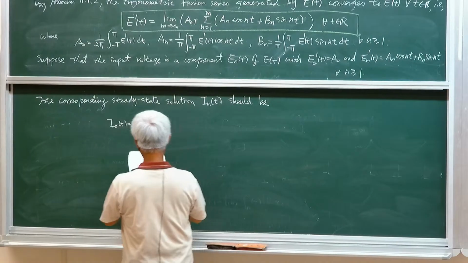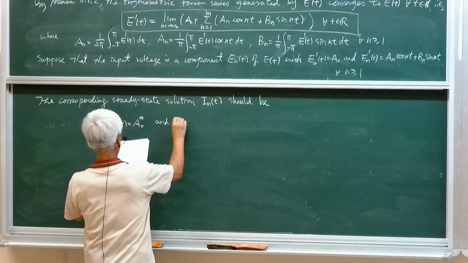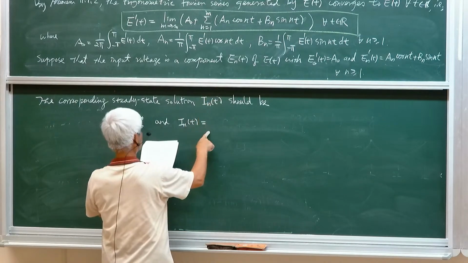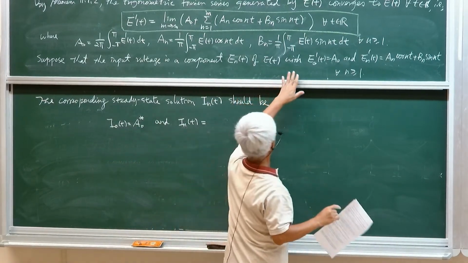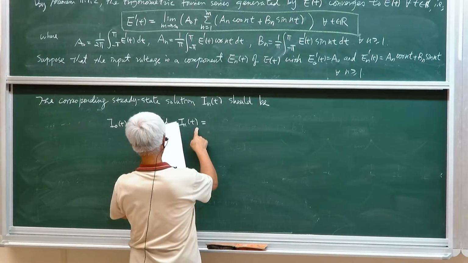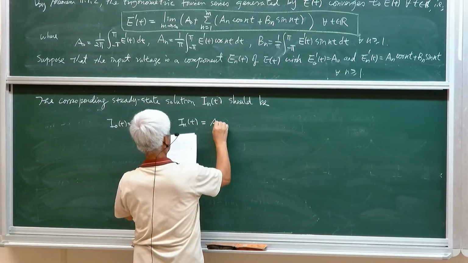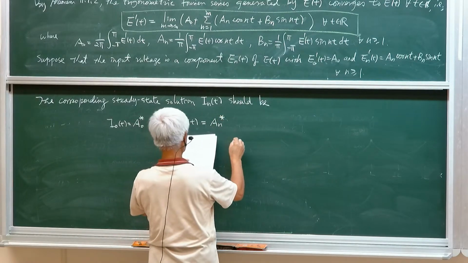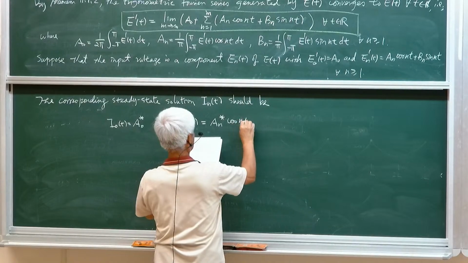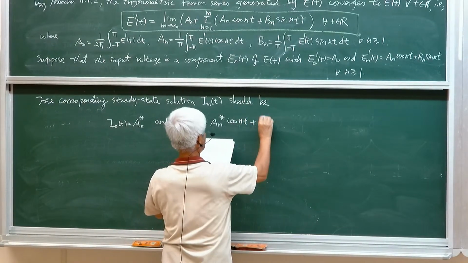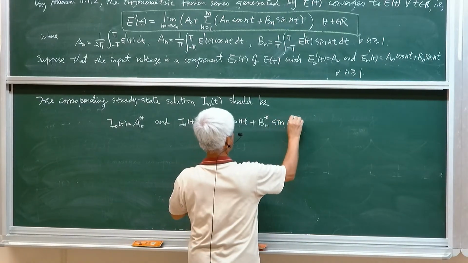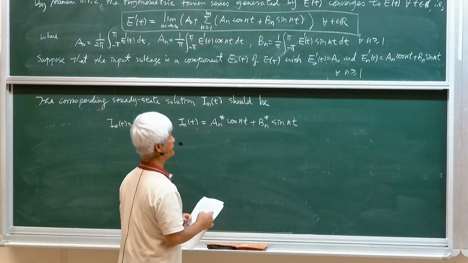And for the nth component, if we have En of t, then the steady state solution In of t would be An star cosine nt plus Bn star sine nt.